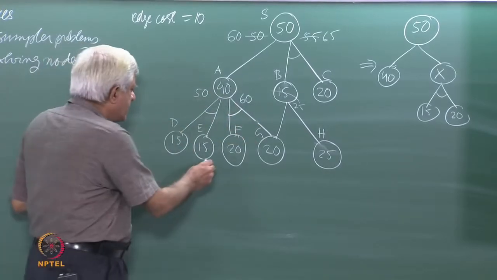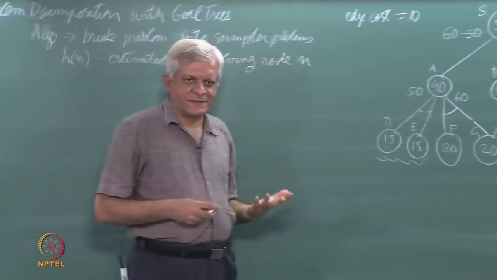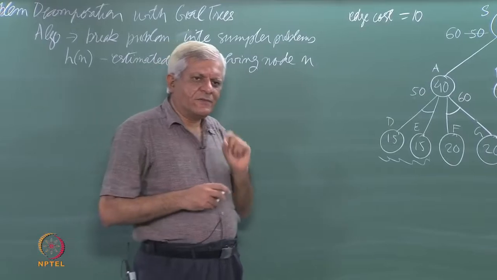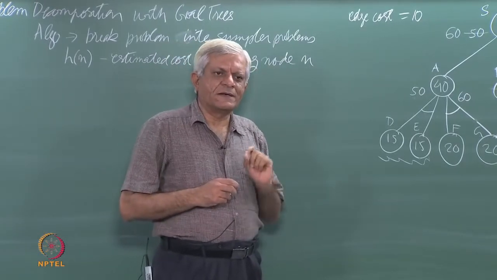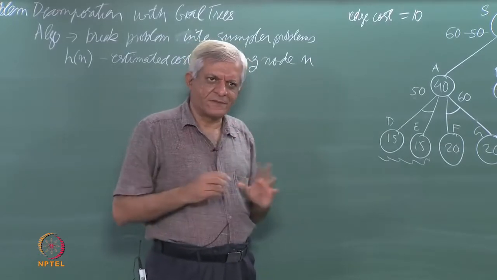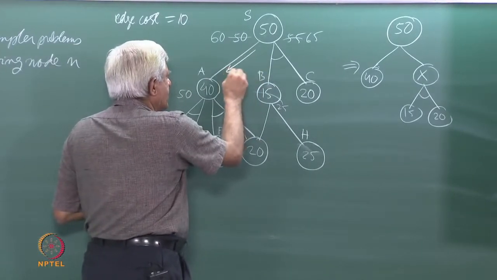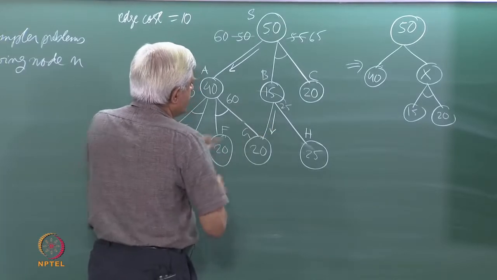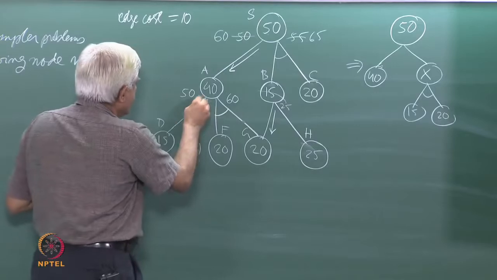So, I must choose one of these two nodes for expansion next essentially. How do I do that? In the graph I maintain at every choice point a marker which marks the best choice at that point essentially, or at that stage of the graph. So, for this graph at this stage I would have a marker here, here I would have a marker here because here this is a better choice, here this is a better choice, and here I would have a marker here.